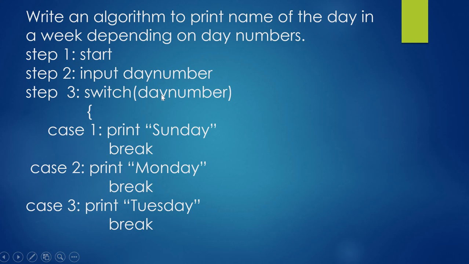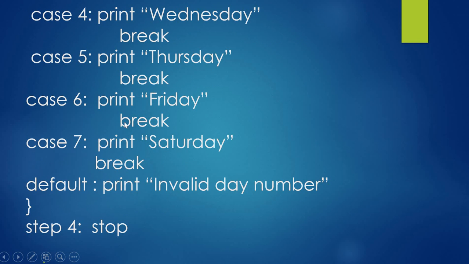Okay, switch day number. Then case 1, what is the meaning of case 1? If this day number is equal to 1, it prints Sunday. Then break. Day number equal to 2 means Monday, then break. Day number equal to 3 means Tuesday, then exiting from this switch.